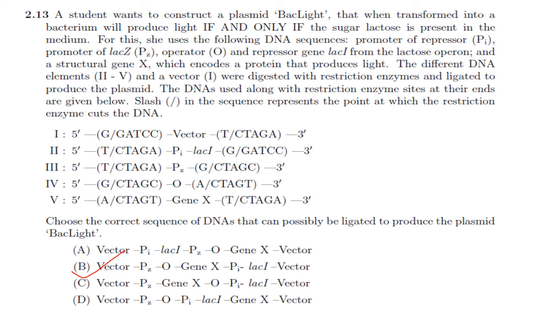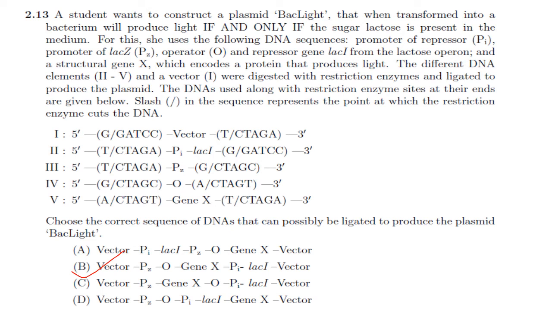The different DNA elements 2 to 5 and vector 1 were digested with restriction enzymes and ligated to produce the plasmid. The DNAs used along with the restriction enzyme sites at their ends are given below. Slash in the sequence represents the point at which the restriction enzyme cuts the DNA. Choose the correct sequence of DNAs that can possibly be ligated to produce the plasmid backlight.